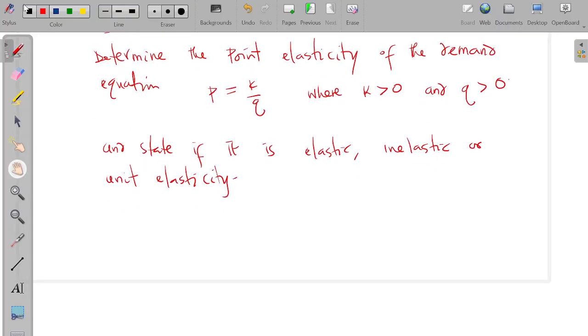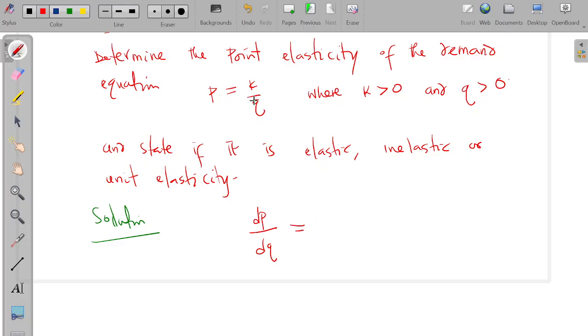So let's go. Let's see the solution. The first thing to note is that we are given P as a function of Q. So that shows what we are differentiating with respect to. We are differentiating with respect to Q. Okay, that is very important.